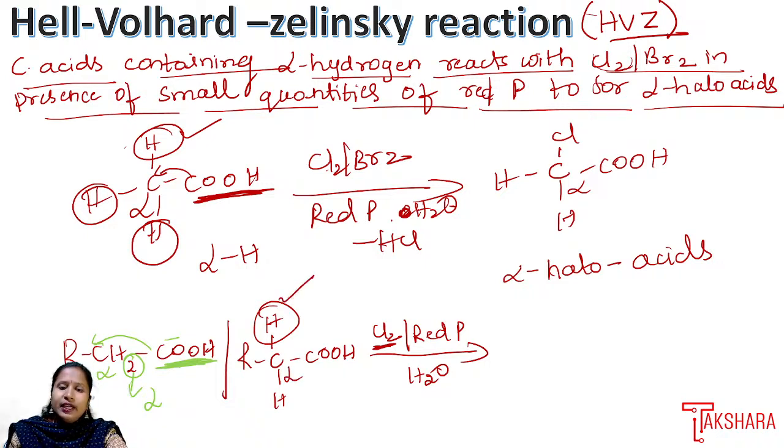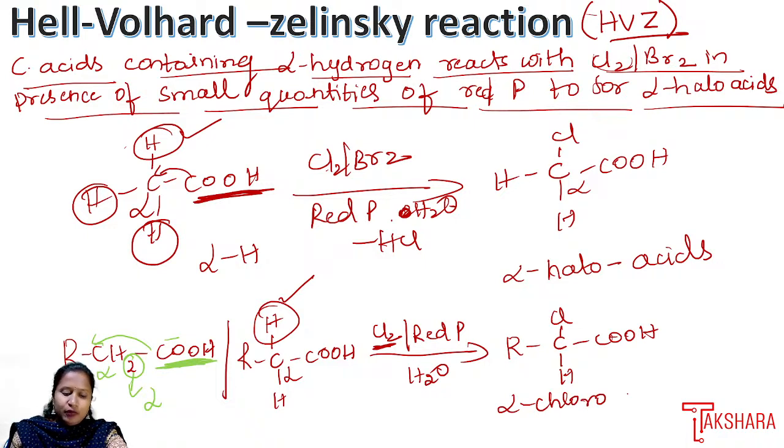If I consider this hydrogen atom, we get RCH with Cl attached, and COOH. So it is nothing but alpha chloro carboxylic acids, we call it alpha chloro carboxylic acids.